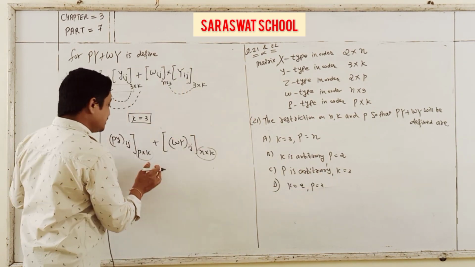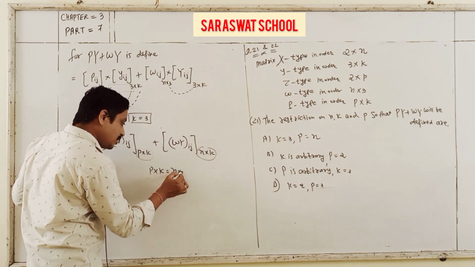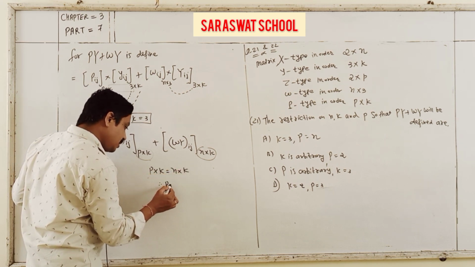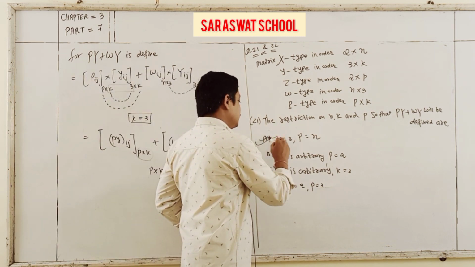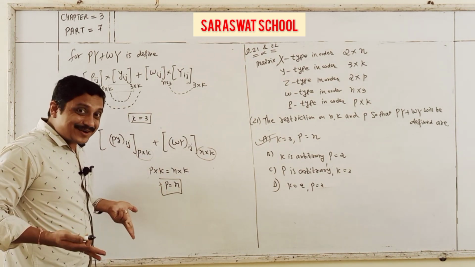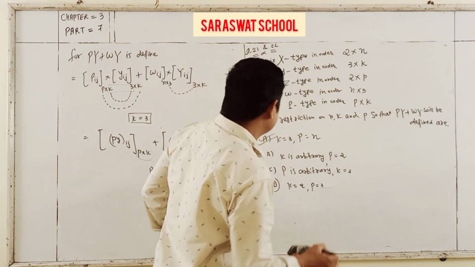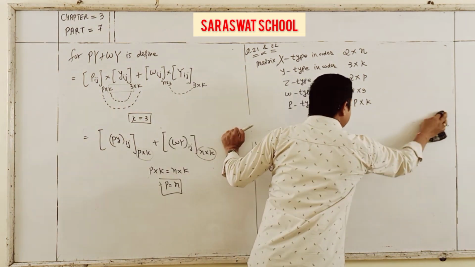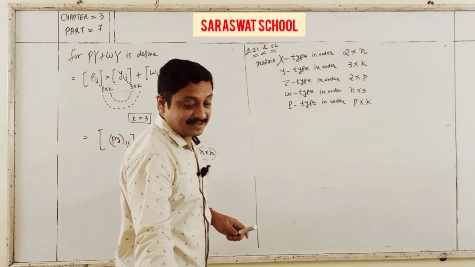And also these are the same, means P into K is equal to N into K. In short, P equal to N. So my answer is this one first, K3, P equal to N, and that's your answer. Now continue to 22. 22 also same, conditions are same. According to condition I will act in the solution.